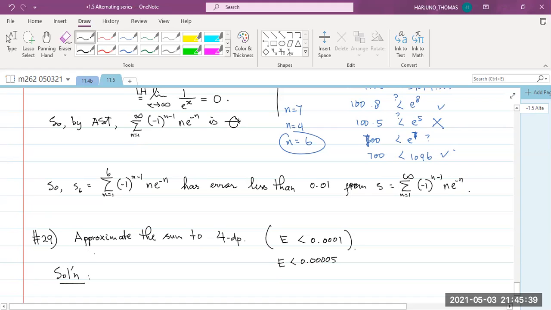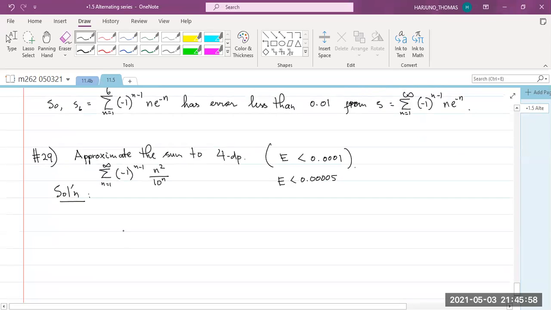For number 29, the series is (-1)^(n-1) n squared over 10 to the n, for n from 1 to infinity. I don't need to prove whether it is convergent or not anymore.